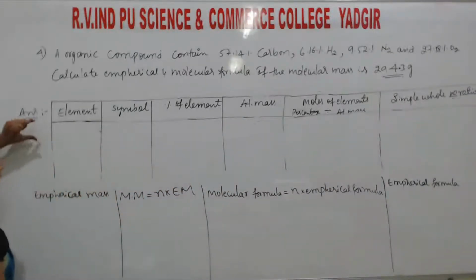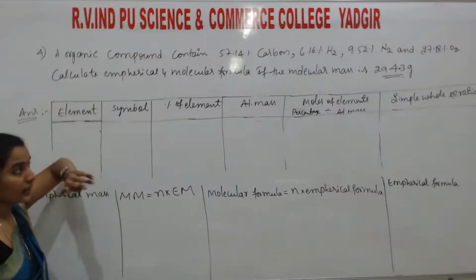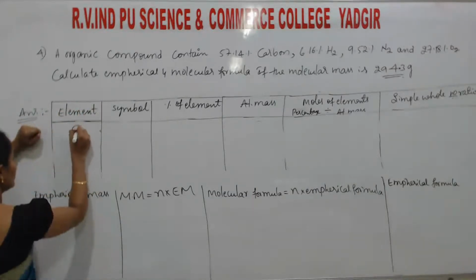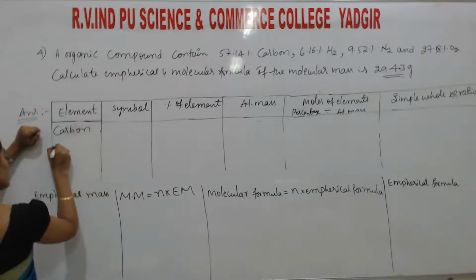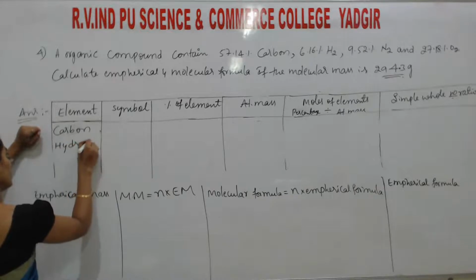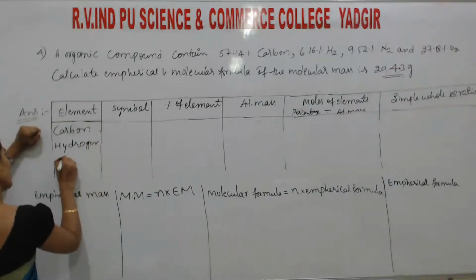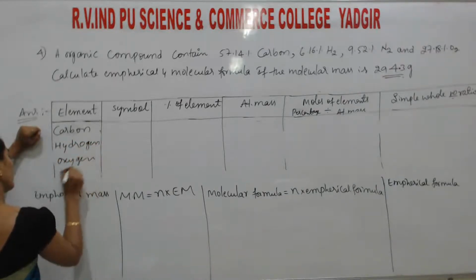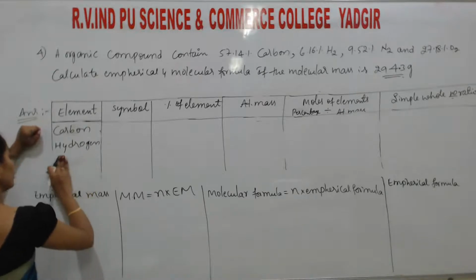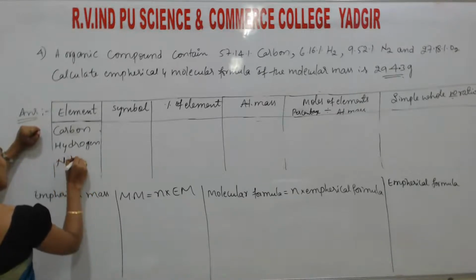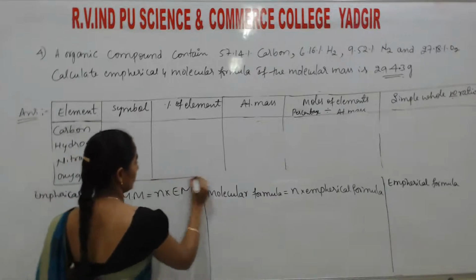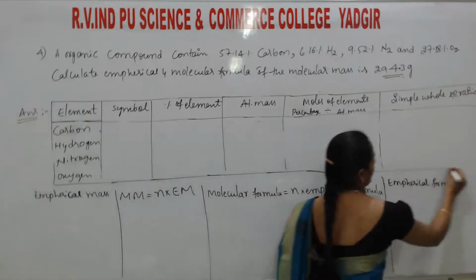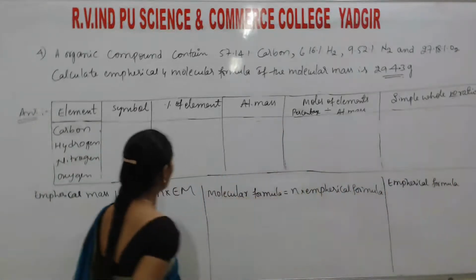So students, first, they give 4 elements here: carbon, hydrogen, nitrogen, and oxygen. Correct?